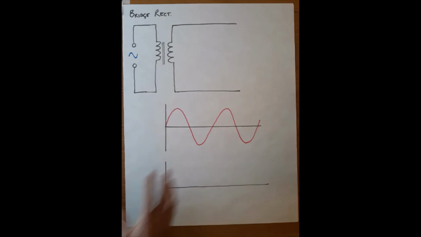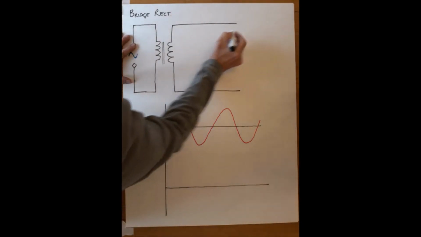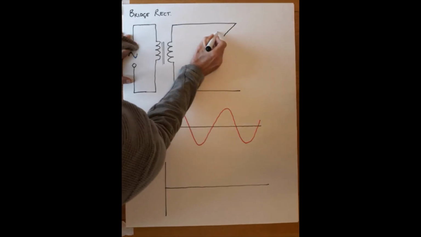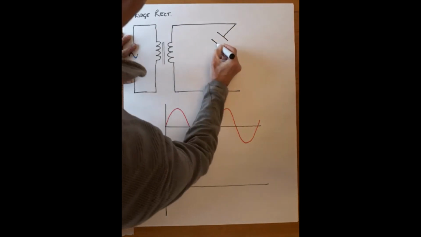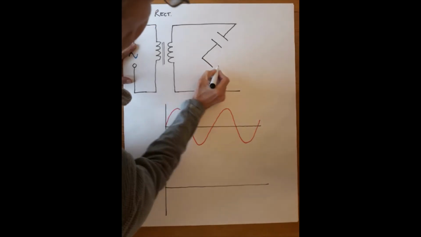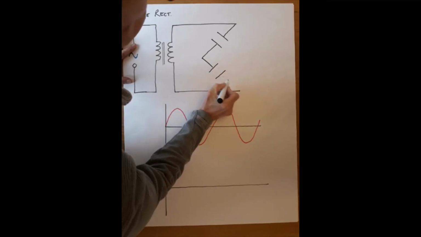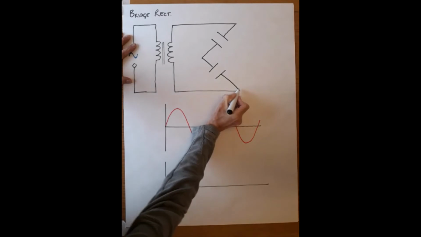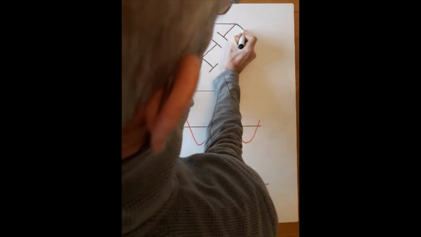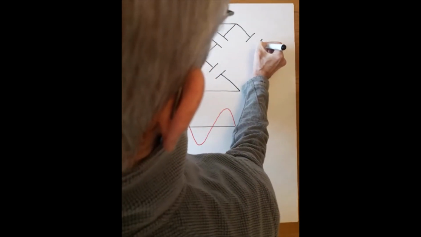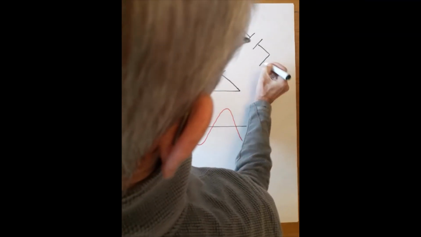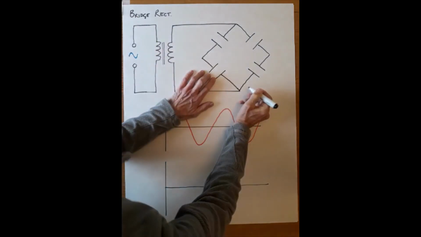If we then connect our circuit that's going to do the rectification and we connect the load in, it'll look something like this. So we've got 4 diodes.